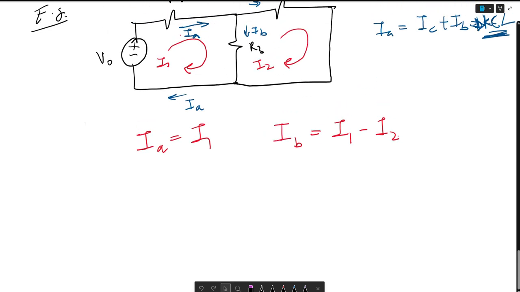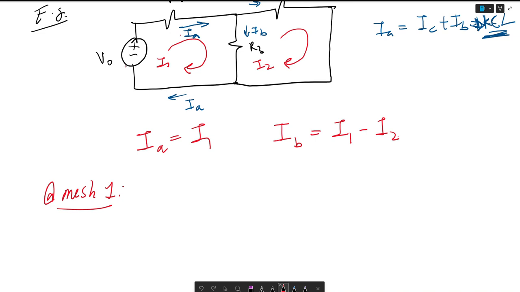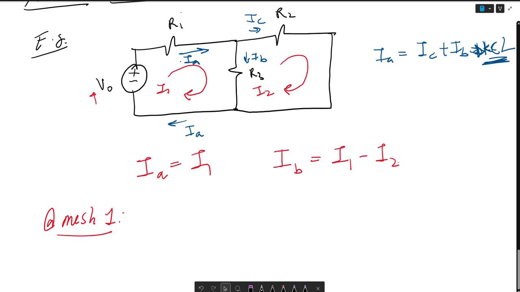So I can write two equations. I can say at mesh 1, here I'm entering this voltage. When you're writing these equations, you want to really pay attention to the plus and minus signs.